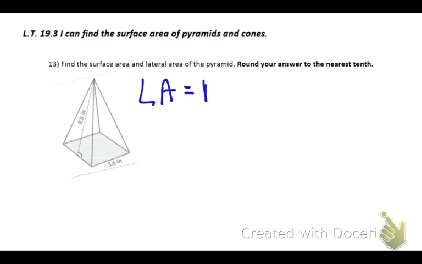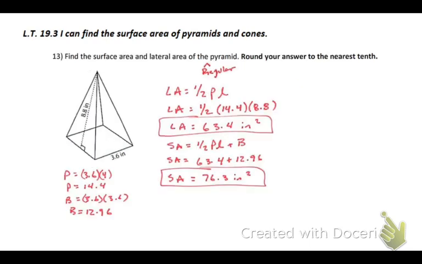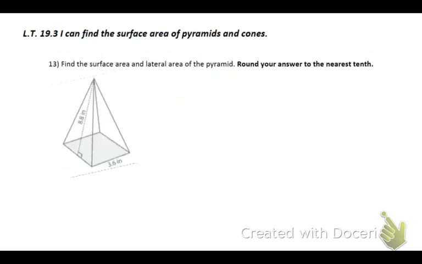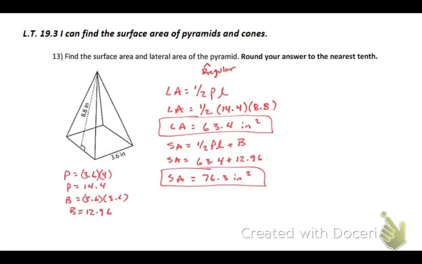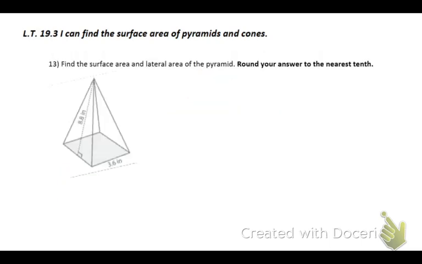And then plus we'll have to add the area of the base. So let me check something real quick. 1/2 the perimeter of the base times the slant height. Sorry about that. All right, so lateral area is 1/2 times the perimeter of the base times the slant height.